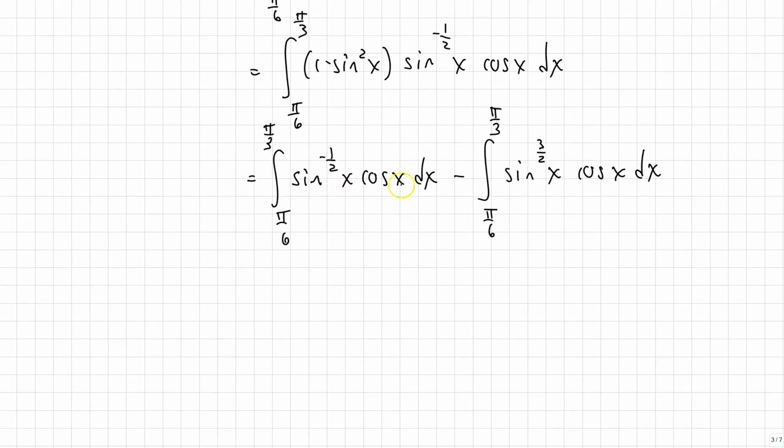And then again, now we have just a cosine to the first, and that's going to allow us to do a u substitution where u is just sine, so that du will be cosine.